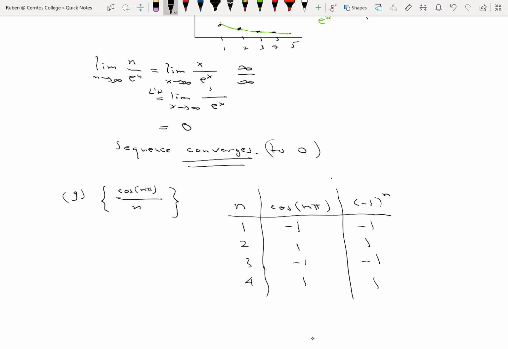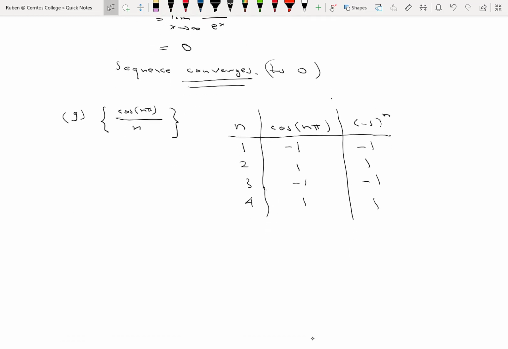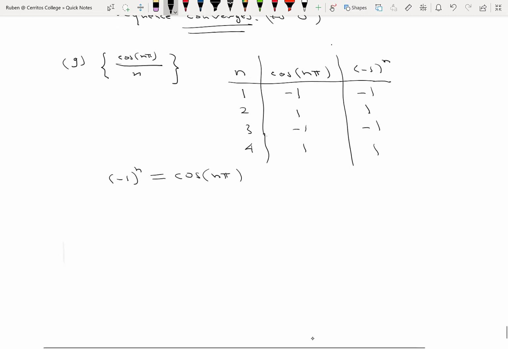They're the same thing. The expression -1 to the n, one of the two expressions that illustrate a sequence that alternates between negative and positive, is nothing more than a simple way of designating the fancier cosine pi n. So -1 to the n is the same thing as cosine of pi n.